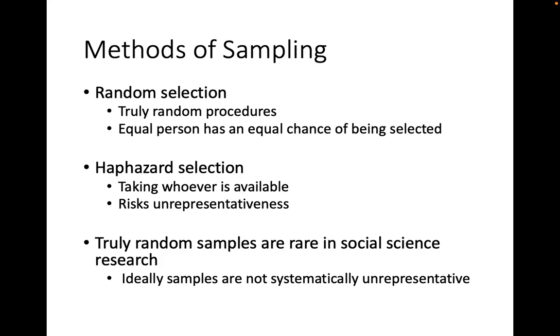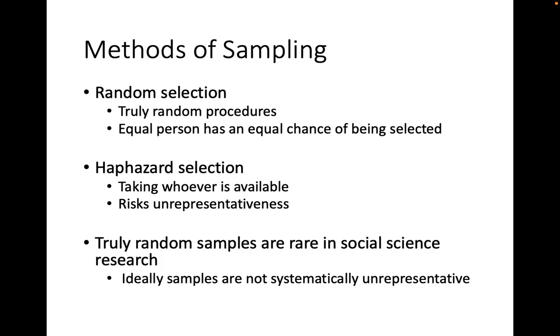One procedure, for example, is for the researcher to begin with a complete listing of all the people in the population and then select a group using some random method like a random number generator or a table of random values. In contrast, haphazard selection is just taking whoever's available, or maybe who's first on the list. When using haphazard selection, it can be very easy to accidentally pick a group of people who are very different than the population as a whole.